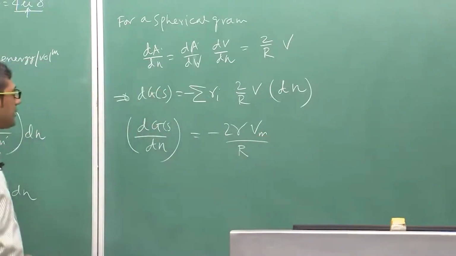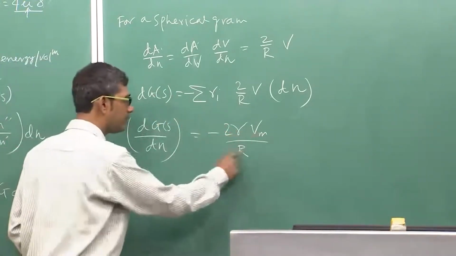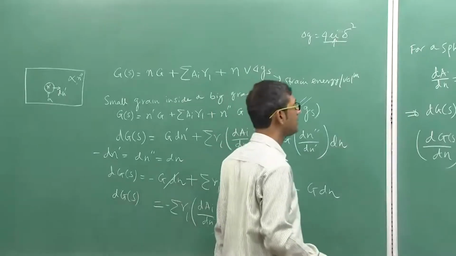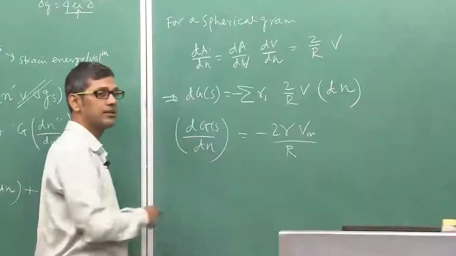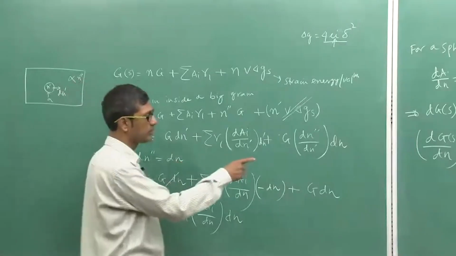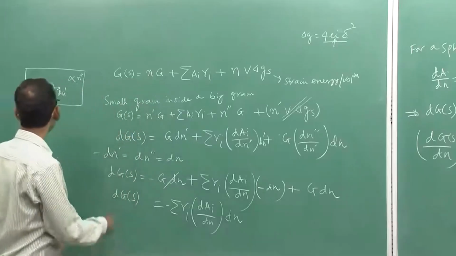So, what you clearly see here is that whatever the value of gamma, Vm, r does not matter, where r is the radius of this small grain. The change of free energy with respect to change of n is always negative. So, that means what?